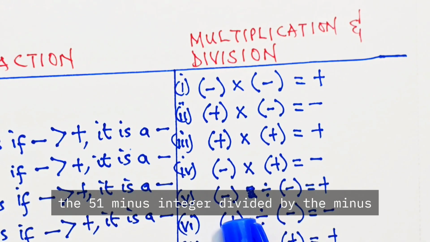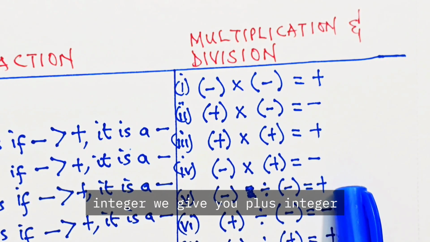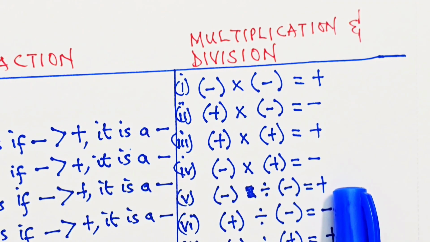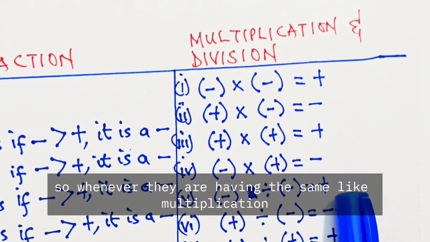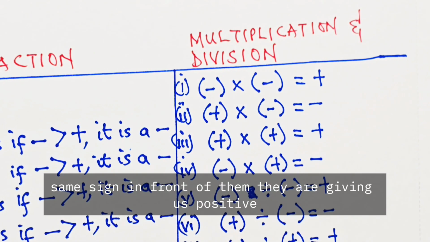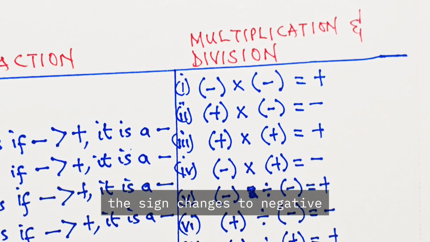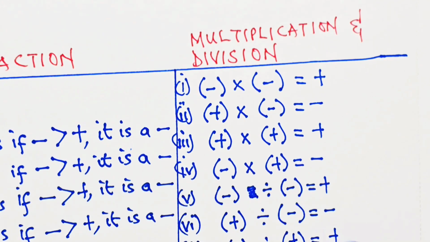The fifth one, a minus integer divided by a minus integer, will give you a plus integer. So whenever they have the same sign in front of them, in multiplication and division, they give us positive. But if they have different signs between them, the sign changes to negative.